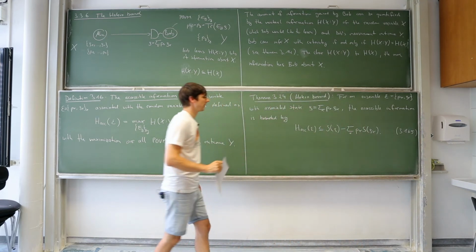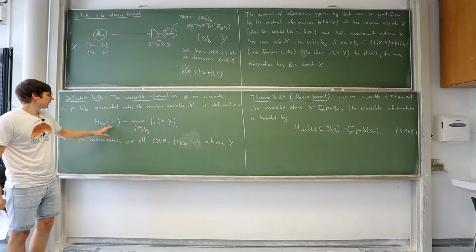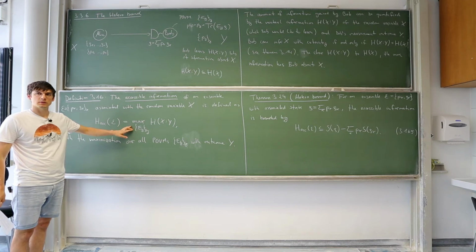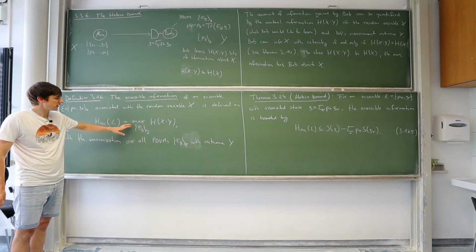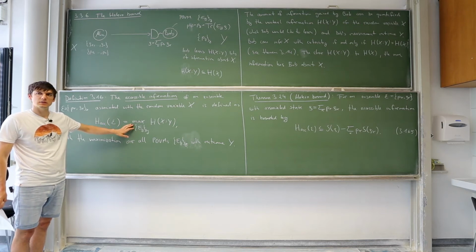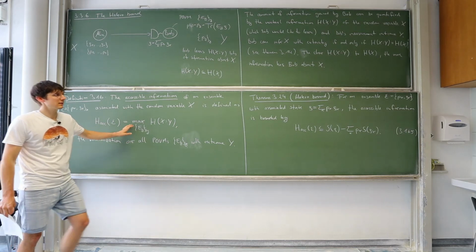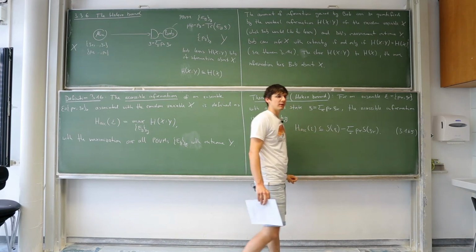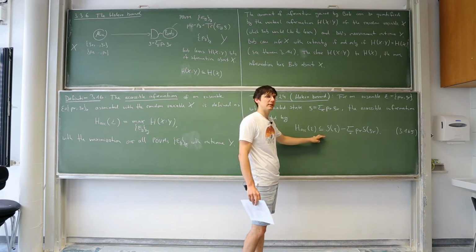Okay, so this is what it now tells us, that at least we know an upper bound of this accessible information. Okay? So even though for most cases in general we cannot do this maximization, or it's really hard to do this maximization over all POVMs, at least we know an upper bound. Okay? Well, it can happen that this saturates, right? Because it's smaller or equal, but it's not necessarily true that this upper bound saturates.